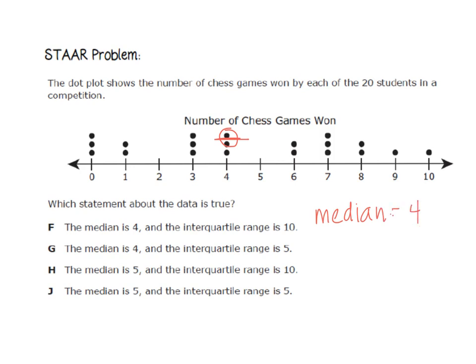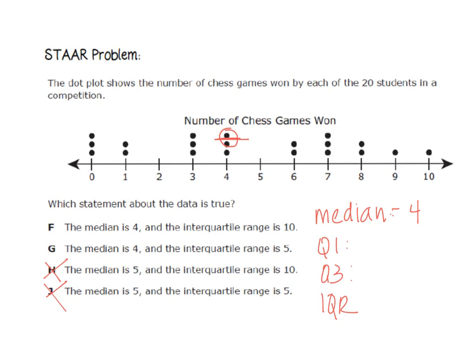So let's look. That immediately eliminates 2 answers. Now we're talking about the interquartile range. To do that, we need to know our Q1 and our Q3, and then we can find the IQR. That means 10 pieces on each side. 1, 2, 3, 4, 5. 1, 2, 3, 4, 5.